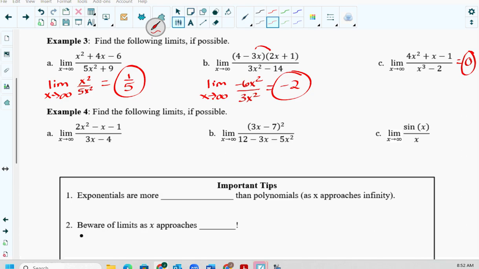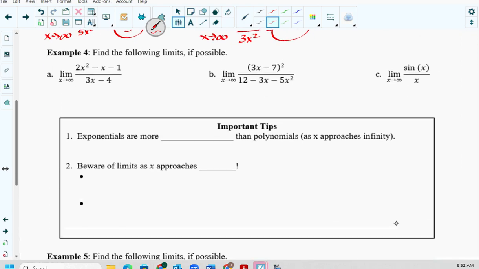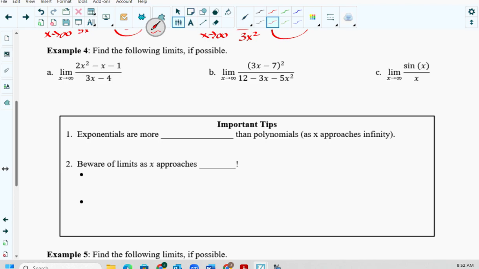This next one, example 4, this is top heavy. We did it before with rationals where you did longer synthetic division, and we can make it even simpler. Let's just look at the only parts we care about, 2x squared over 3x. I can reduce that, so I'm really thinking limit as x approaches infinity of 2x over 3.